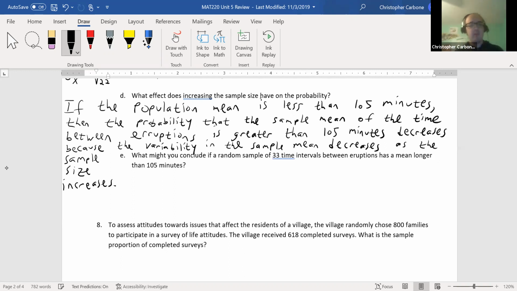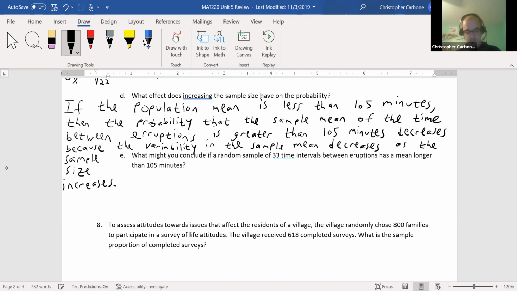And then part E, what might you conclude if a random sample of 33 time intervals between eruptions has a mean longer than 105 minutes? So for this, we don't even necessarily need to calculate this particular value.